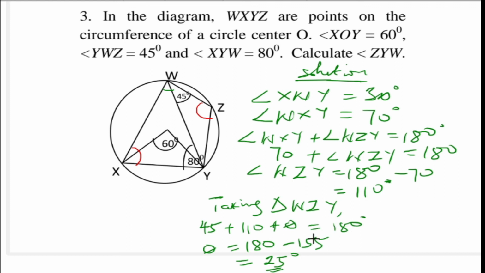So we just substituted, and then our answer is 25 degrees, which is the same as what we found earlier. Therefore, angle ZYW equals 25 degrees. You can use any of the two approaches.